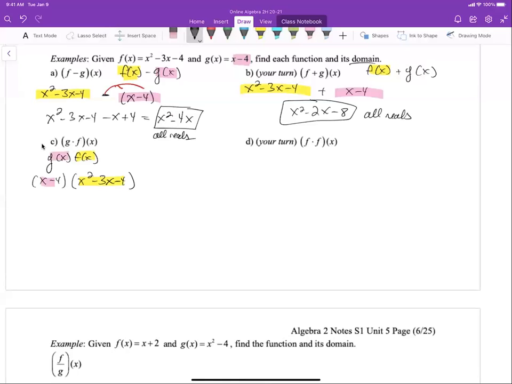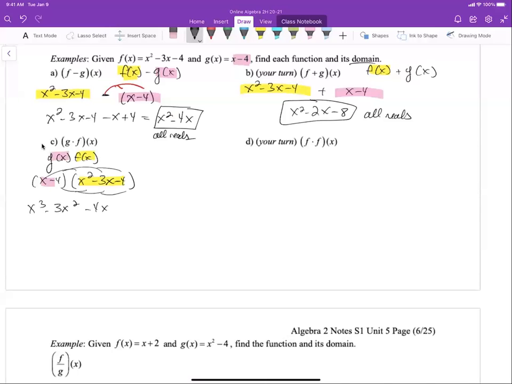All right, now we use our FOIL, and we're just going to multiply through all the x values, all the negative 4. We have to multiply each term within each polynomial. So I will get x³ − 3x² − 4x.